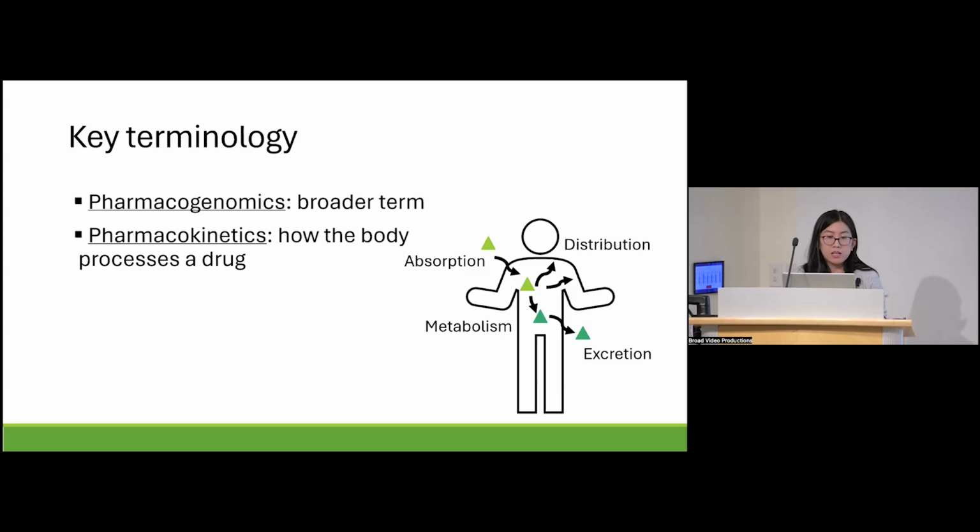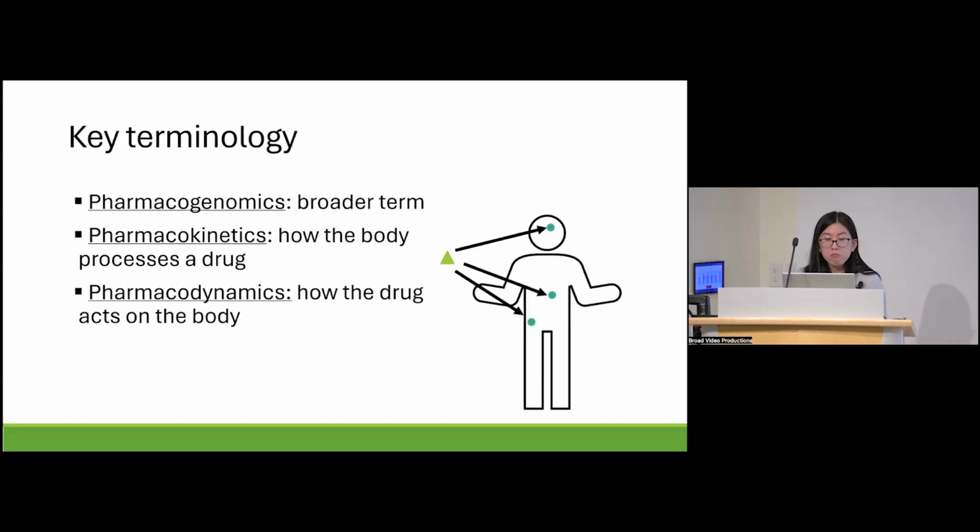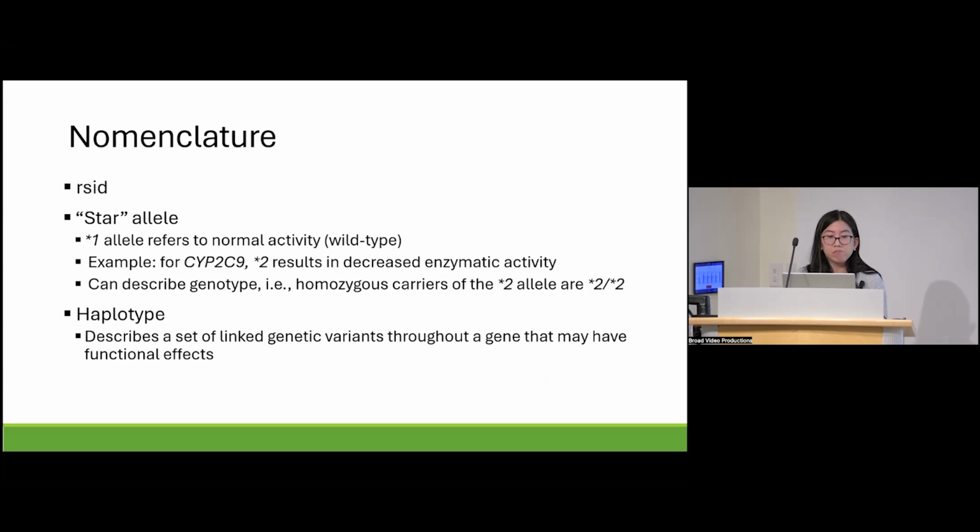It's important to understand the term pharmacokinetics, which refers to how the body processes a medication, and that can refer to absorption in the body, distribution throughout the body, metabolism by organs, as well as excretion out of the body. And then there's also pharmacodynamics, which is how the drug acts on the body. And so here we're looking at phenotypes such as drug response and efficacy, as well as side effects. And I'll refer to these terms in the talk as well.